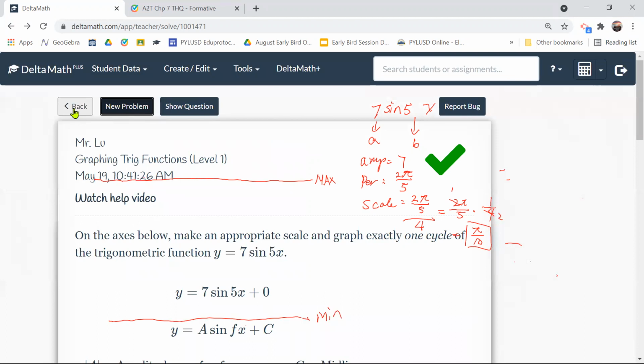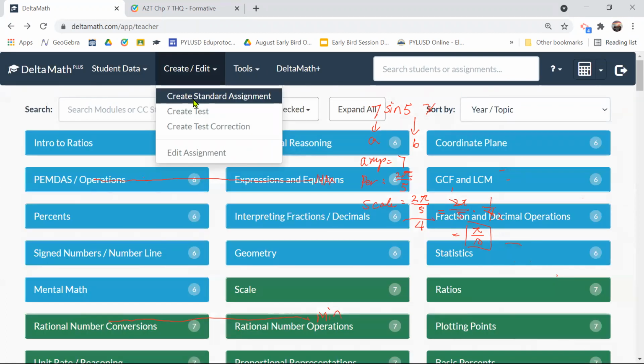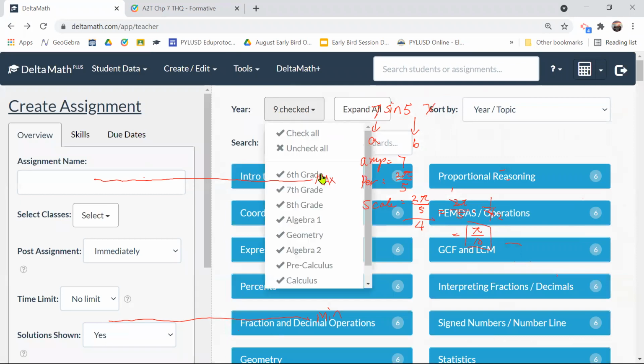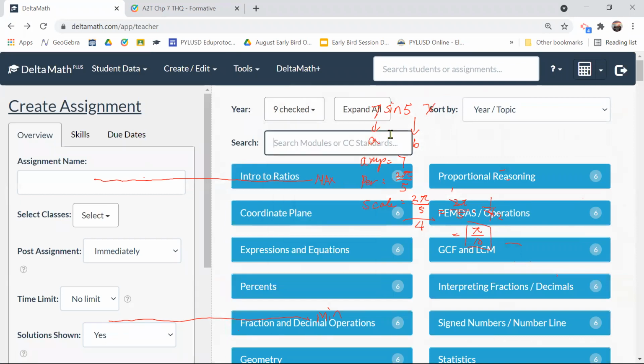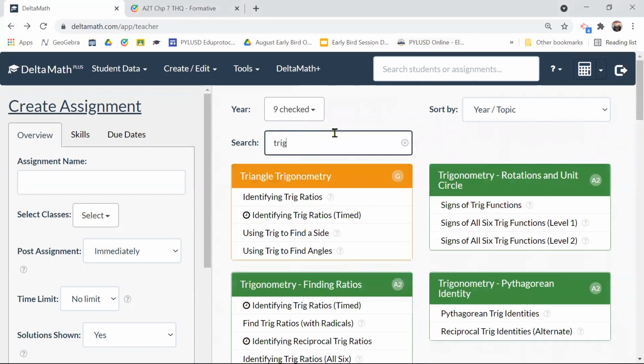Okay, so let's see if we can go to level 2. Pause the video so I can find it. Oops. No. Oh, well.